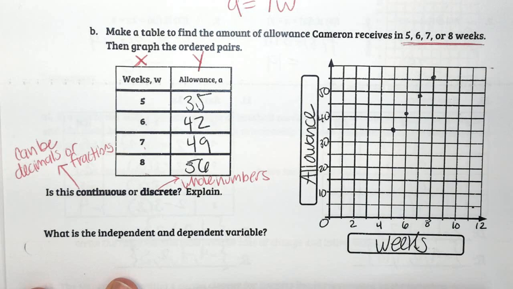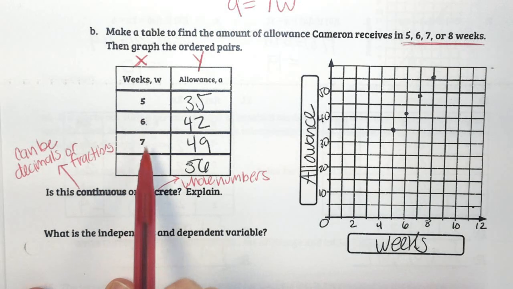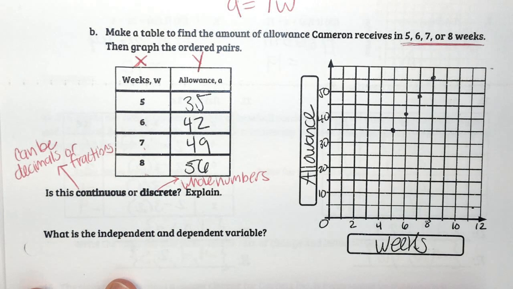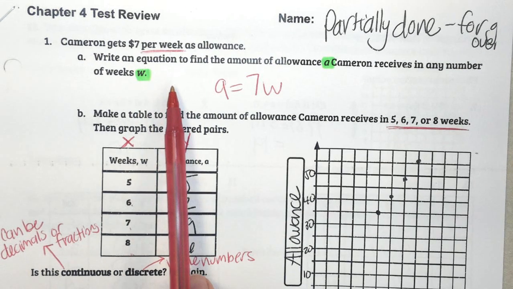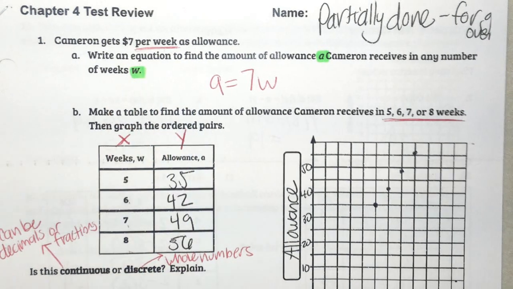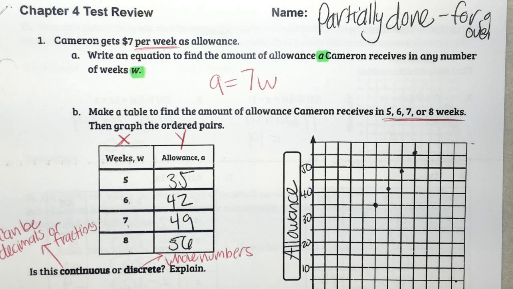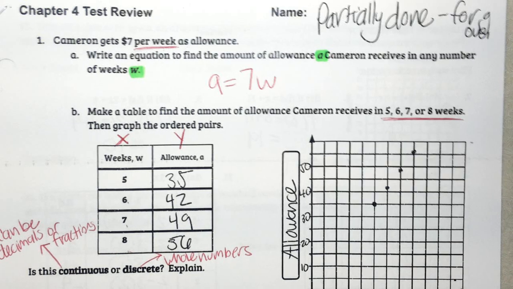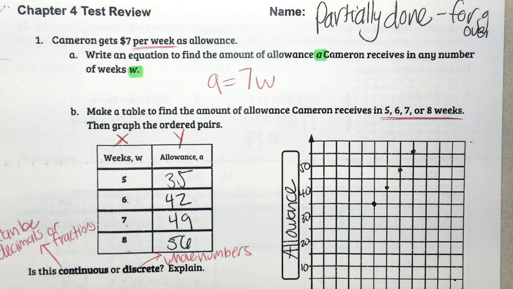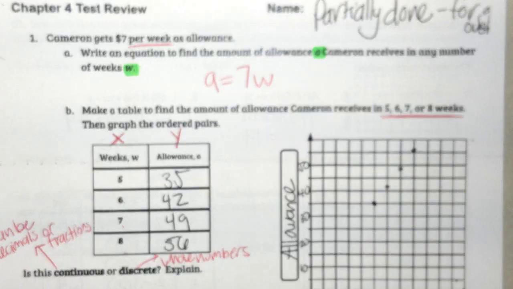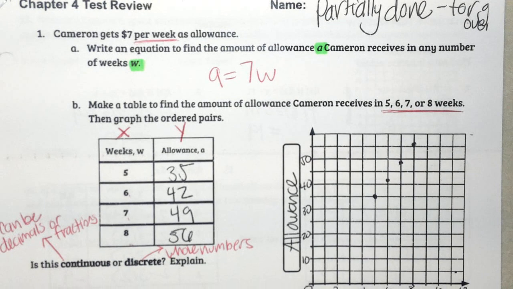So what I want you to think about is, yes, there are no decimals here, but we're thinking, could there be decimals? So if you think about the story problem, it's that Cameron is getting $7 per week as an allowance. Okay, if any of you get an allowance, or maybe if you imagined what it would be like to get an allowance, is it that at any given time in the week, you can be like, I want my allowance now, and they give you a portion of the allowance?